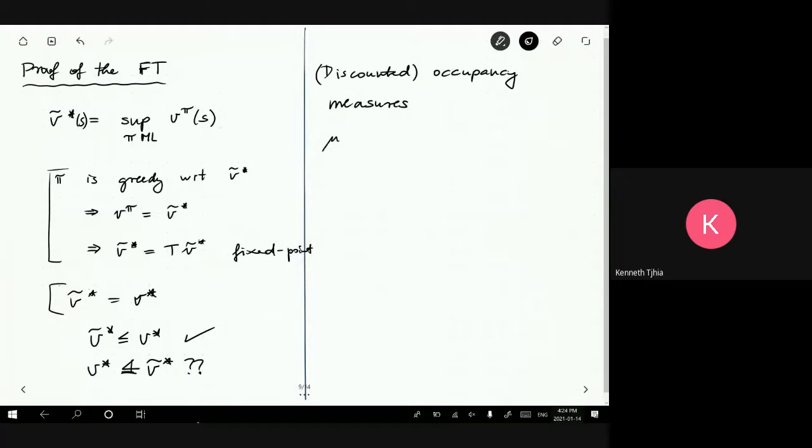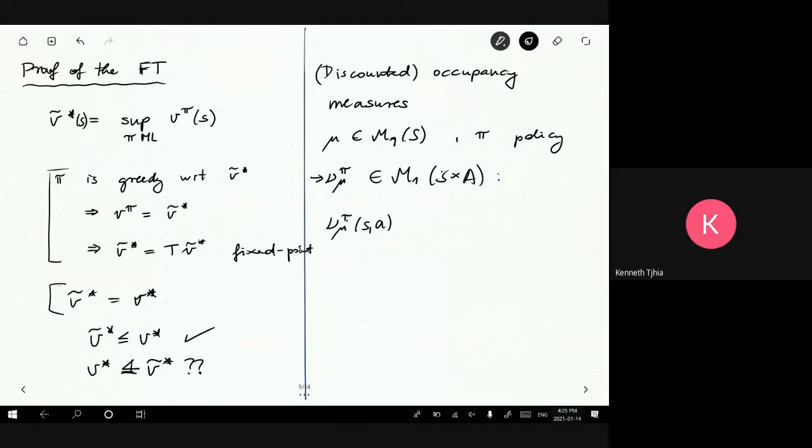So if you fix an initial state distribution and you fix a policy, of course we have this fixed MDP, then this gives rise to a measure over the set of state action pairs, which is defined the following way. This set of state action pairs is finite, so we can just define the measure by stating what value it takes on every state action pair.